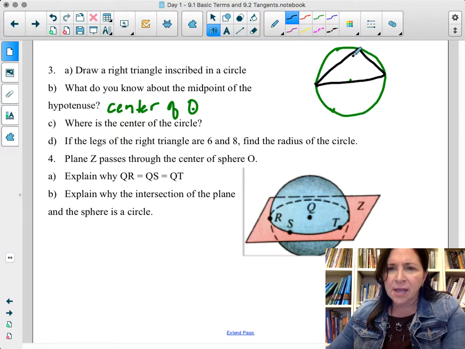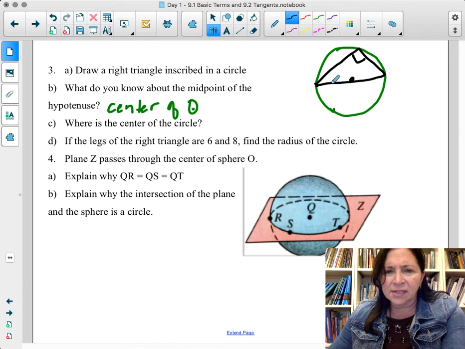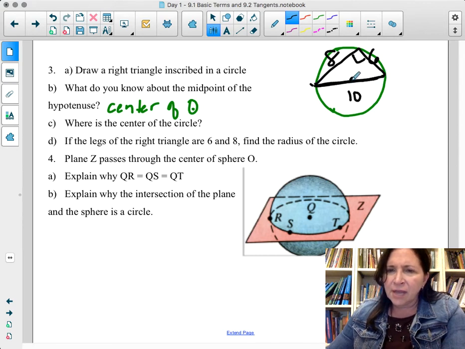All right, and it says that the legs of the right triangle are 6 and 8. Find the radius. So we'll say this is 6, and there's 8. That makes this 10. That's a 6, 8, 10. It's one of our special right triangles. That means that this radius right here is 5, and that radius here is 5. So what's the radius? The radius is 5.